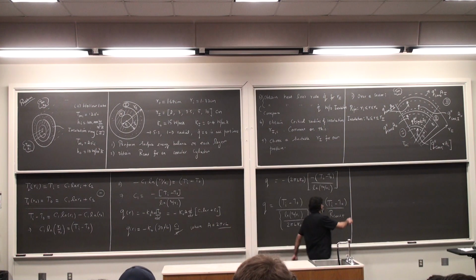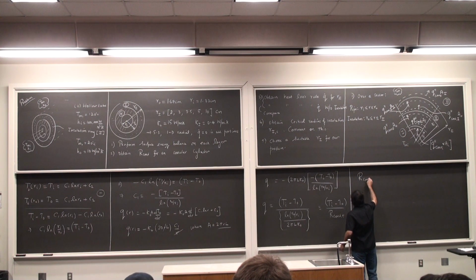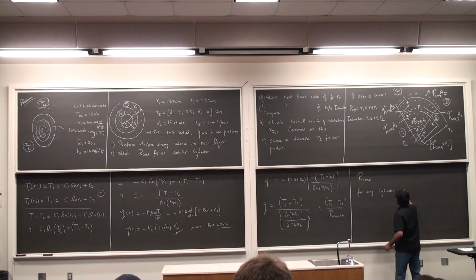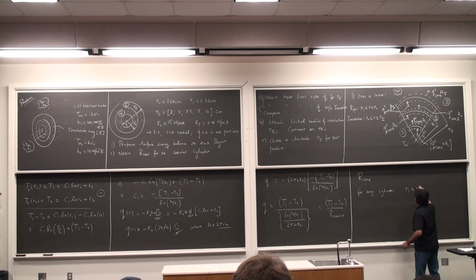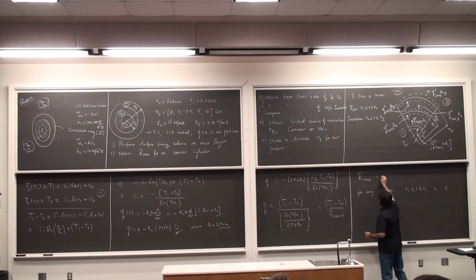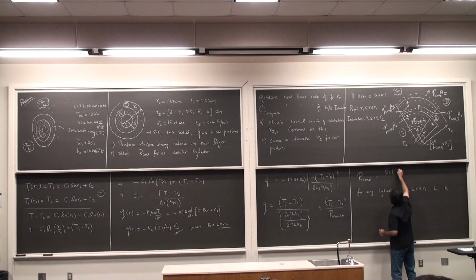So by comparison, our conduction resistance for any cylinder of length L and thermal conductivity K and the radius between Ri and R naught is natural log R naught by Ri over 2 pi L k.